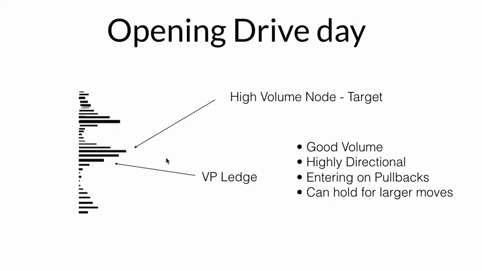And hopefully it's obvious, but on a day that's really strong and directional, we're only looking to trade in the one direction. So if this is an upward day, we're waiting for little pullbacks to try and target these ledges when price is pulling back and consolidating. And not only target this high volume node, but if it's a really strong day, we're going to be able to just get in on a pullback and let it break right up here.